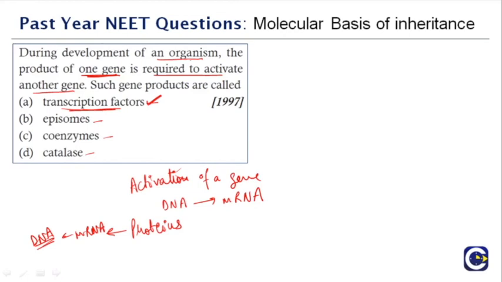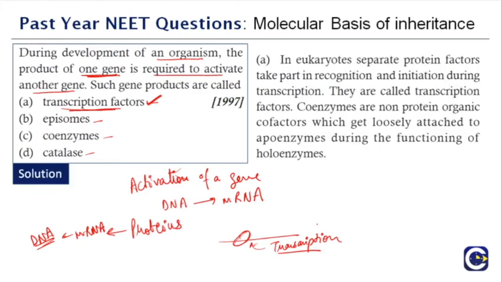So during development of an organism, the product of one gene, that is the gene that produces the transcription factors, is required to activate another gene, because then these transcription factors go and bind to the DNA and start the process of transcription. Okay, I hope it is clear. Just remember that these transcription factors are also proteins that are coded by genes on DNA.